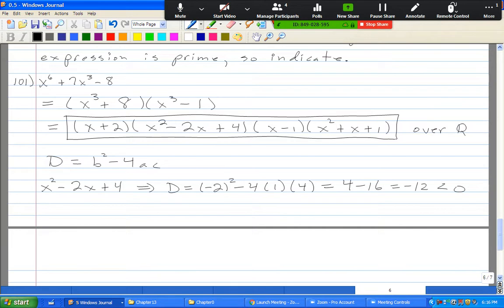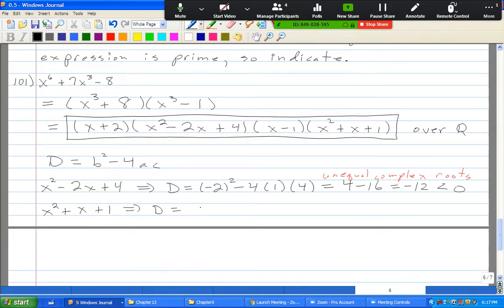So just like above, this has two unequal complex, non-real roots. So that means that this cannot be factored over the reals. Next, let's look at x squared plus x plus 1.